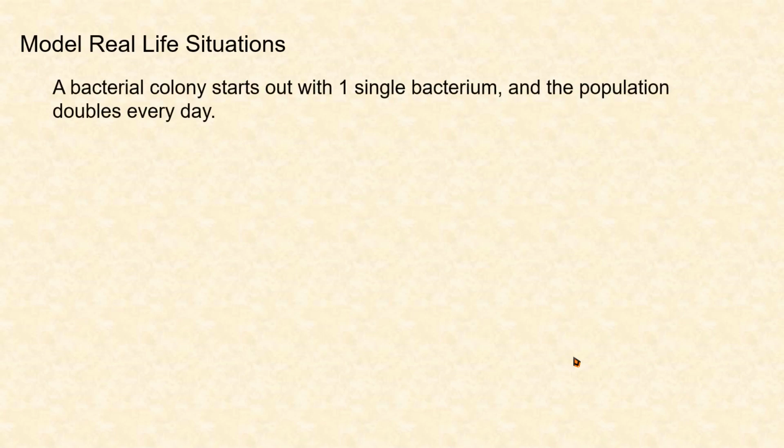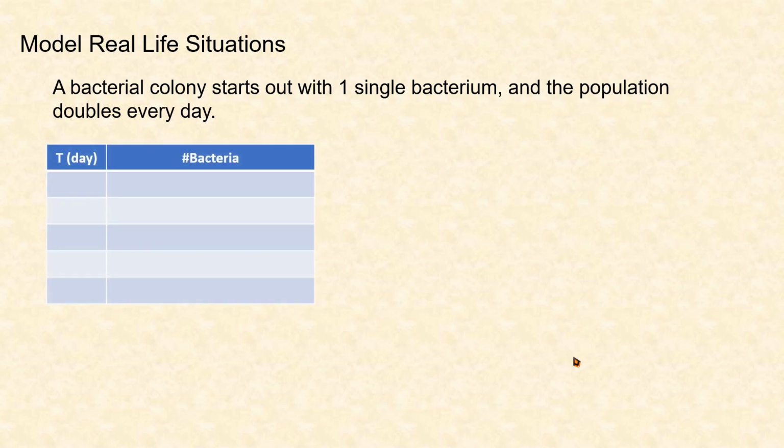Okay, so from that, let's use that and model real-life situations here. I've got a bacterial colony that starts out with one single bacterium and the population doubles every day. So this is like a pattern type of problem, so I use my table, which is what we've been doing in algebra all along, right?